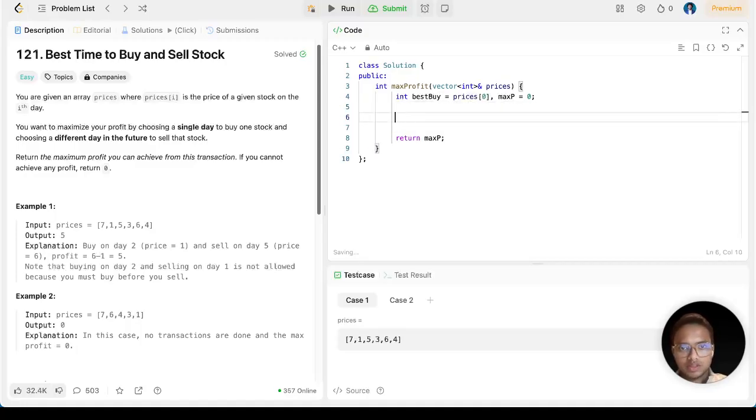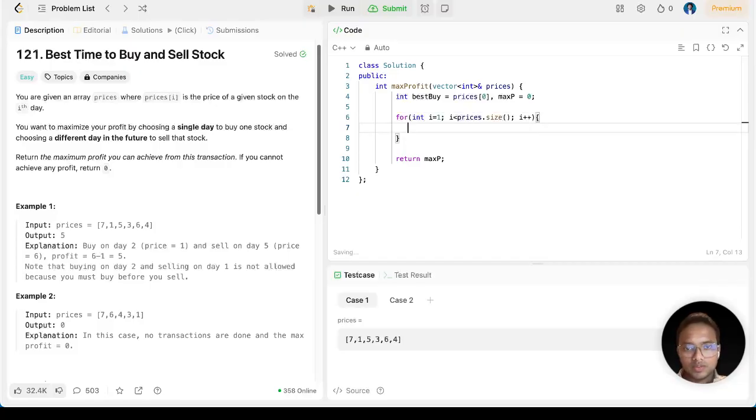Now let's perform one for loop. For int i equal to 1. We could start from 0, but there is no point in starting from 0 as we are taking the 0th index as our best buy. So let's start from int i equal to 1, i less than prices.size(), and then i plus plus.